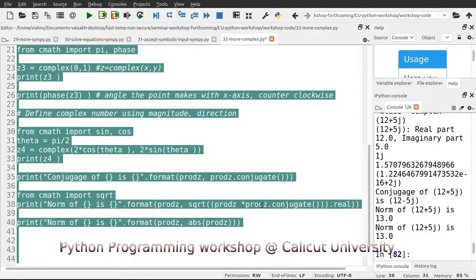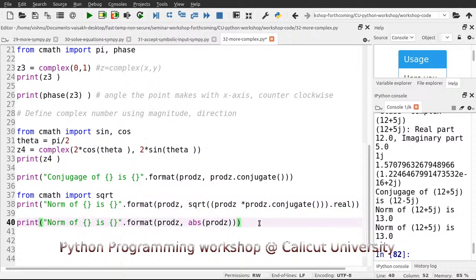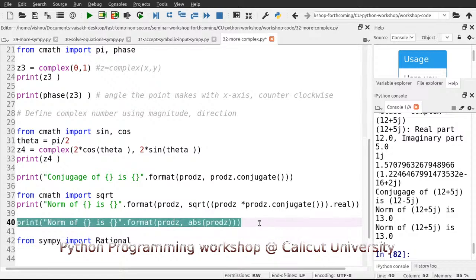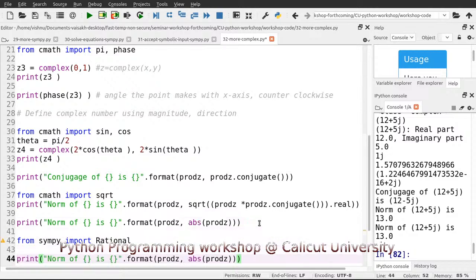So, for example, suppose that we have a rational number. From sympy import Rational. After that, we can convert any number to its rational form.